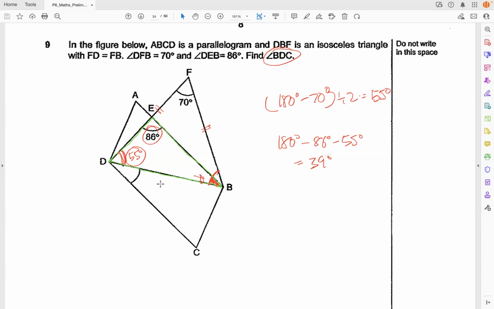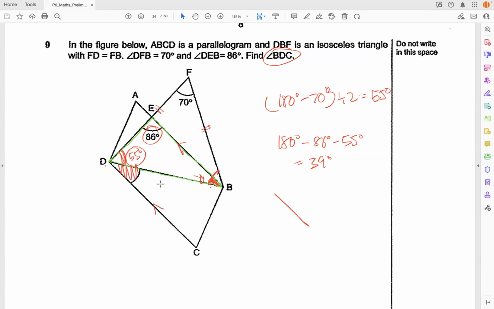Then what's the question? They want this angle, BDC. BDC is the same as this angle because this is a parallelogram.